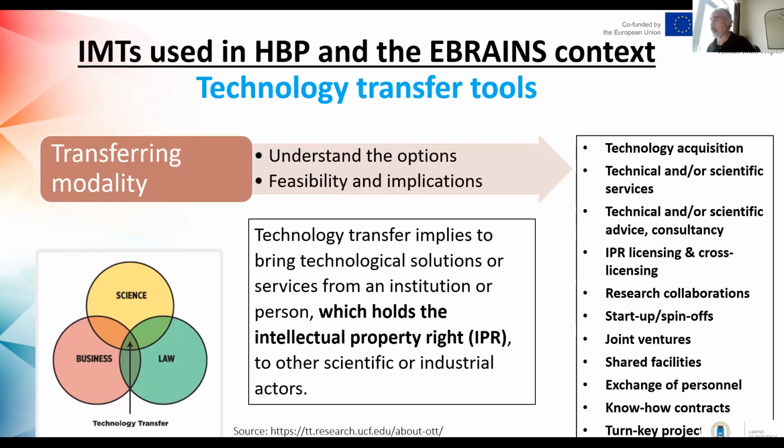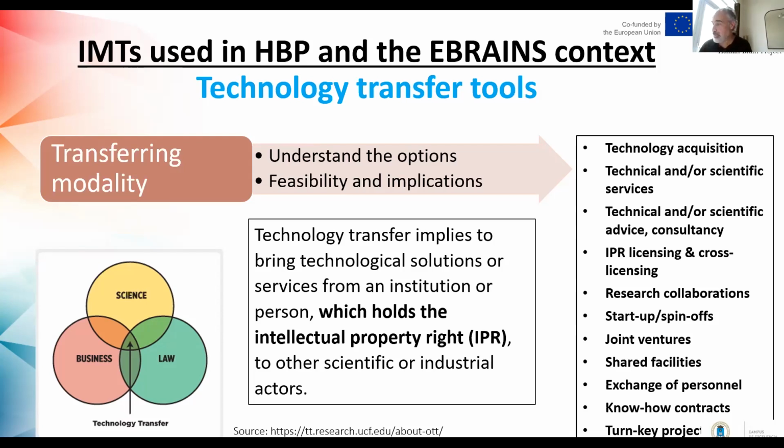So we also have the startups and spin-offs modality to transfer technology. We have joint ventures, just joining with another partner to make a business plan together and to exploit something.